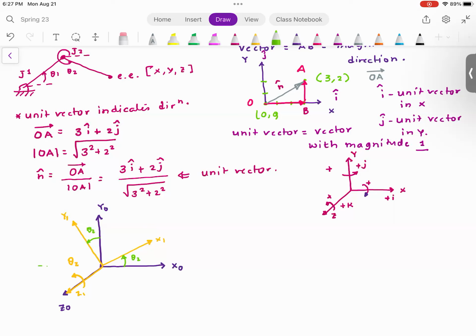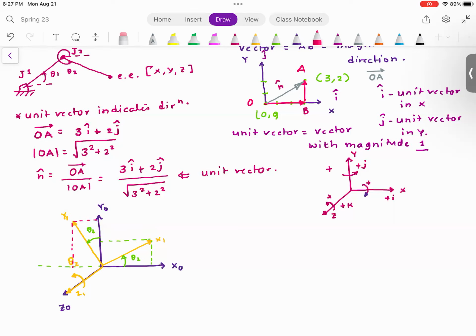And now I'm going to draw the projections of x1 onto x0, x1 onto y0, y1 onto y0, and y1 onto x0.